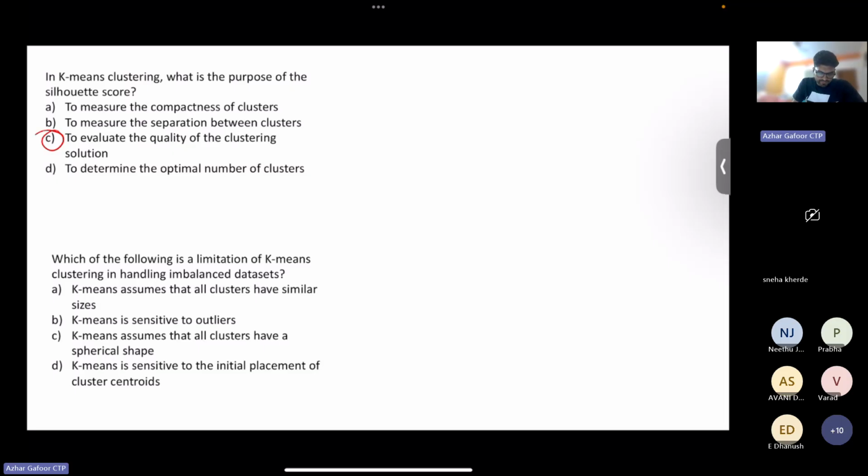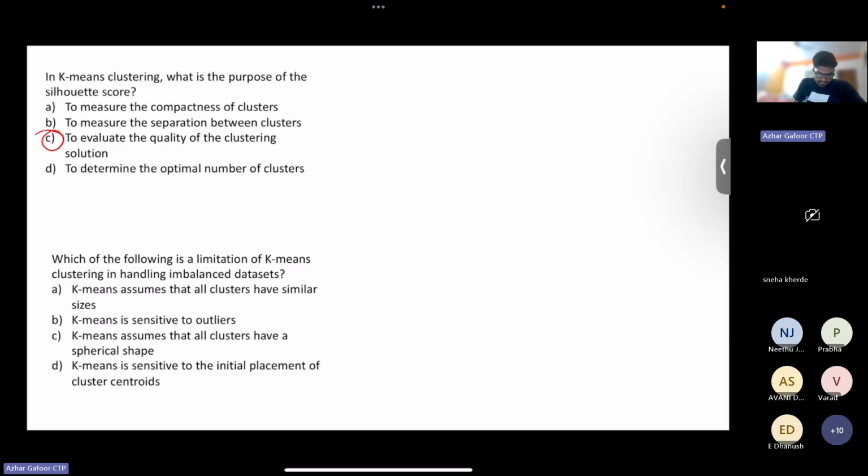And for the second question, we haven't discussed it in class, you can just guess the answer. A, mean is sensitive to outliers. Which one?